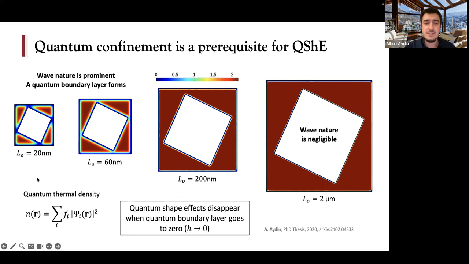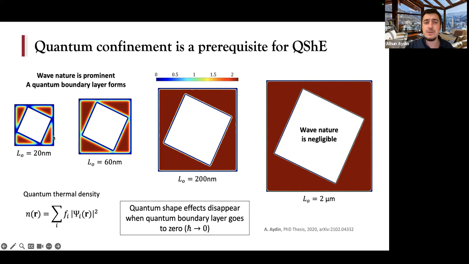You can see that, for example, if you calculate the quantum thermal density, this is just telling you that if you look at things at thermal equilibrium, what would be the density of the particles inside your domain? It will be non-uniform, right?